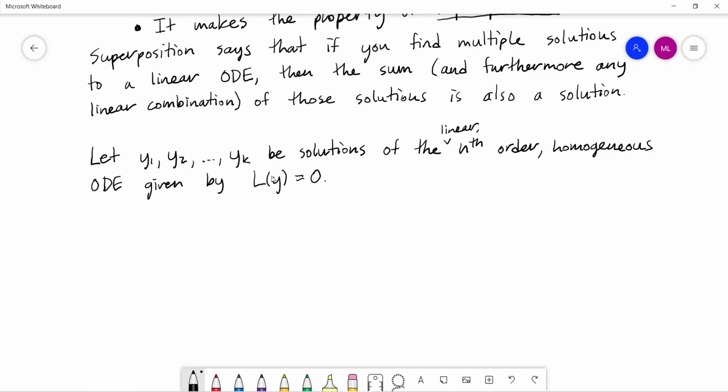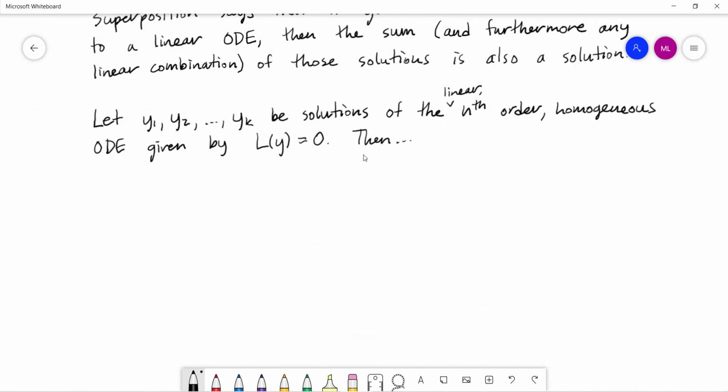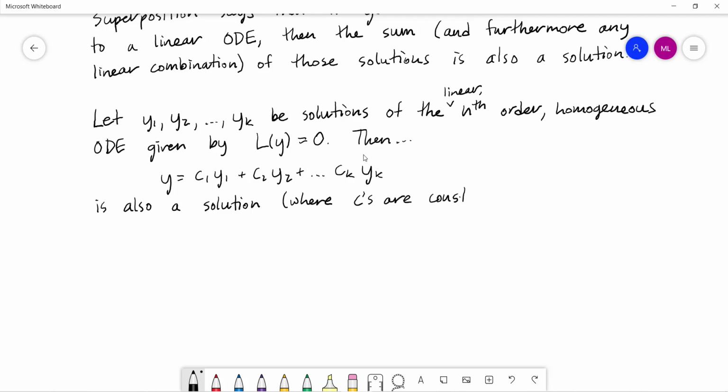Okay, so L of y again refers back up to equation 1. The left-hand side, all we've done is set the g of x to be equal to 0. So it's homogeneous. Then it turns out y equals some constant times y1 plus some other constant times y2 plus ... some other constant times yk is also going to be a solution, where the c's are constants.